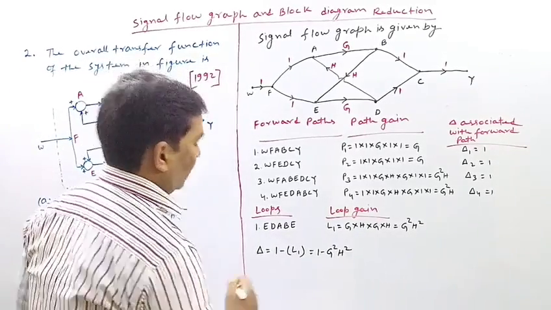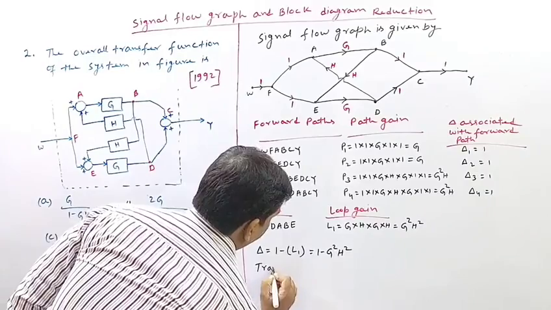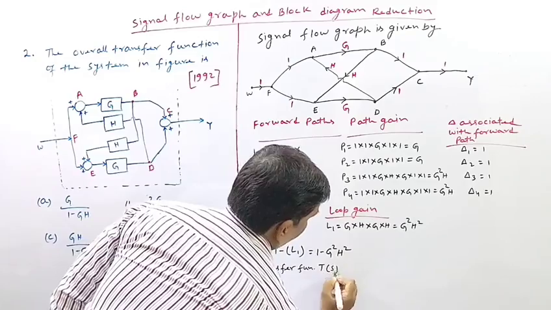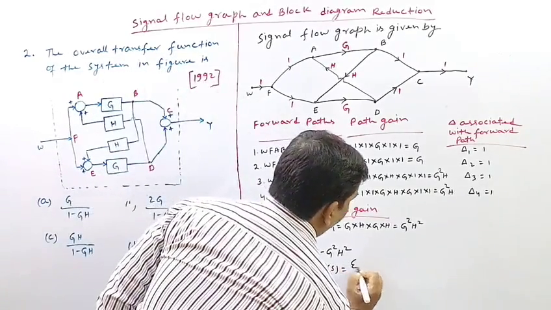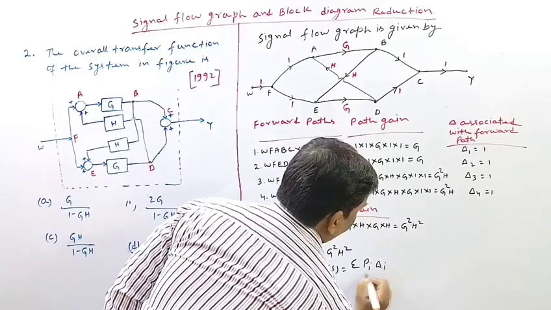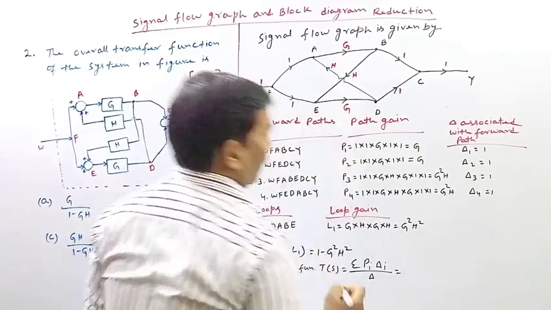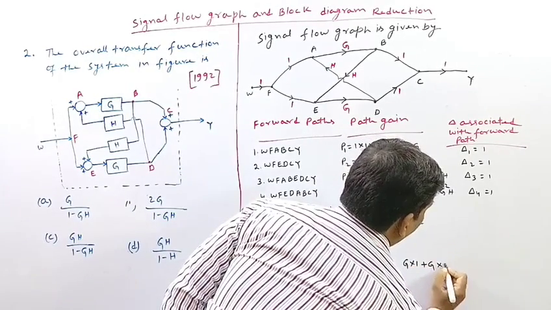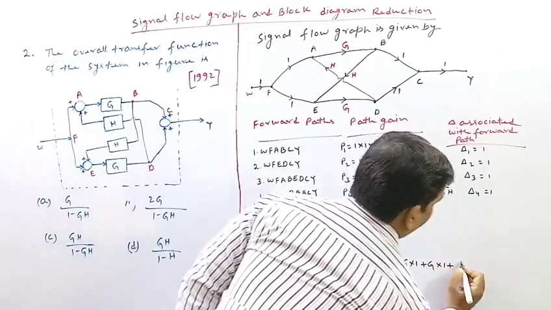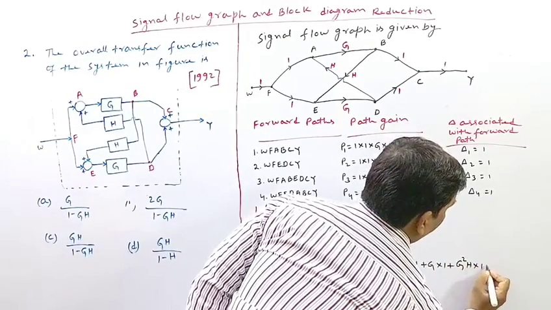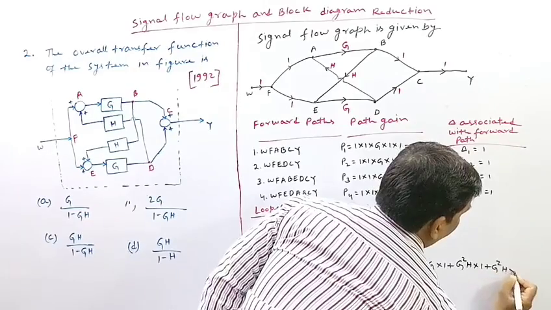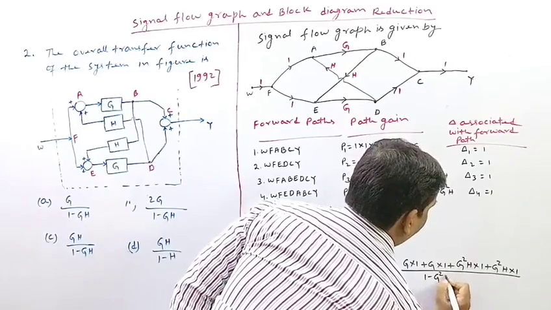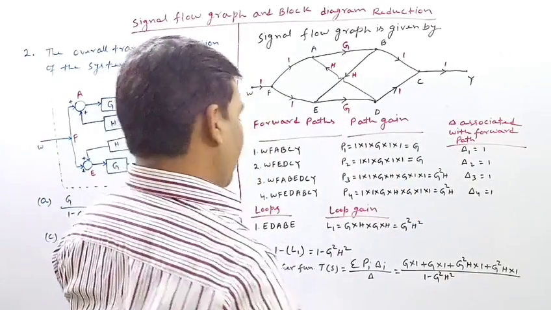The transfer function T(s) equals sigma Pi delta i divided by delta. So G multiplied by 1 plus G multiplied by 1 plus G square H multiplied by 1 plus G square H multiplied by 1, divided by 1 minus G square H square. Let us write this side.